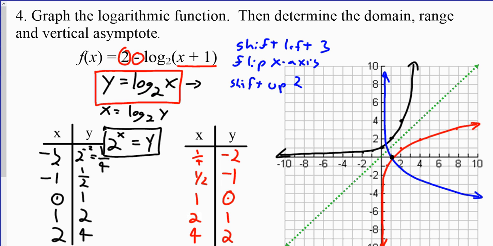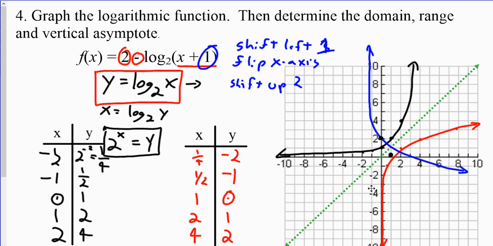That is my y-intercept. If it's going to go up 2 and it's got to go left 1, that same intersection point is going to be right there. And this should be a shift left 1. So as we take this graph, we're going to move it up 2 and over 1. And that is going to be this log function graph there.